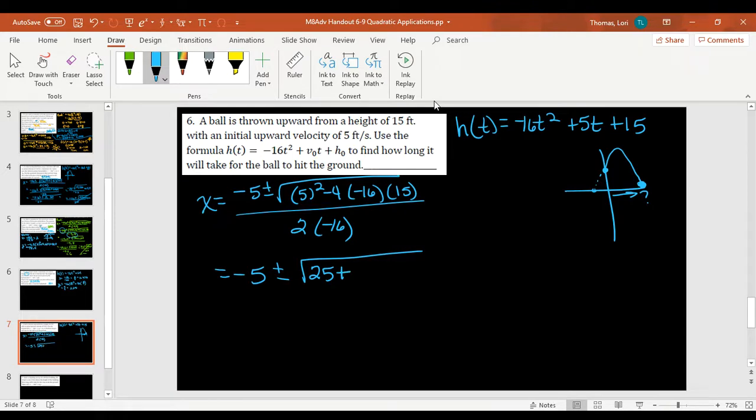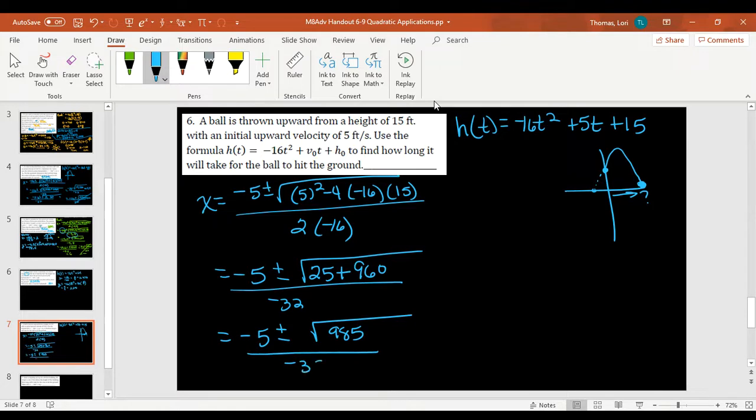So 4 times 16 times 15, I get 960, over negative 32. I add 25 and 960 to give me 985 as a radicand over negative 32.